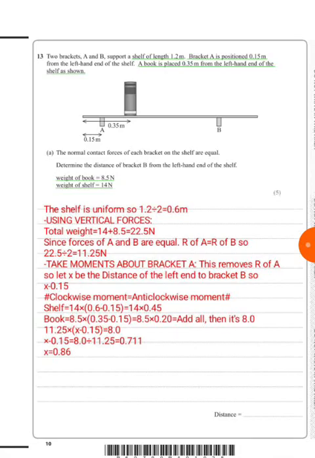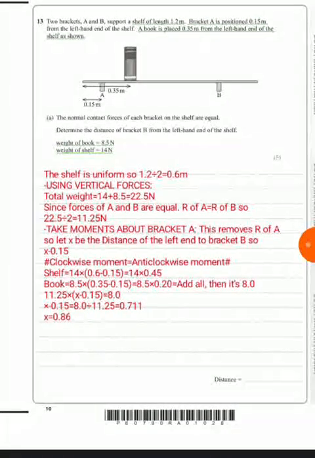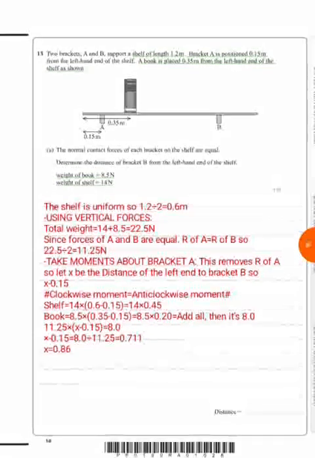So it's 14 into 0.45. Then the book is 8.5 into 0.35 minus 0.15, because they have already given us the distance of the book, 0.35 meters. Then it is 8.5 into 0.20. So we add 14 into 0.45 and 8.5 into 0.20, and it's 8.0.